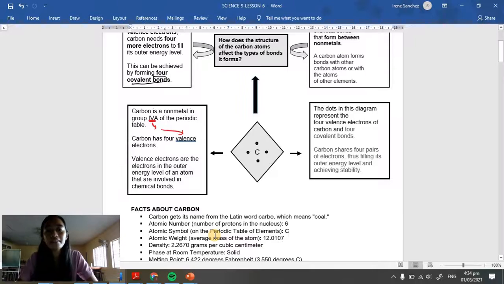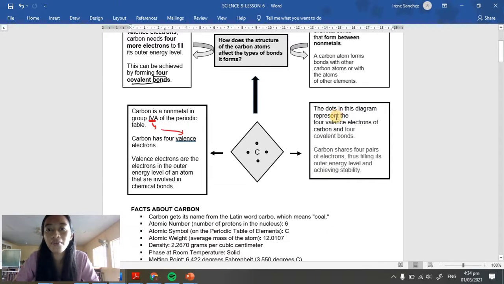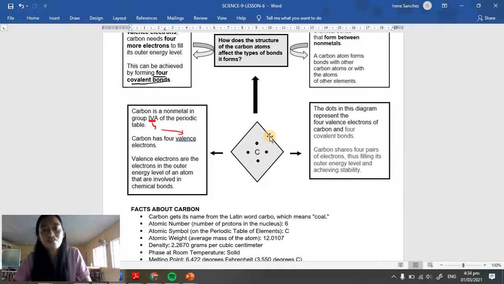Okay. Next, the dots in this diagram represent the 4 valence electrons of carbon and 4 covalent bonds. Carbon shares 4 pairs of electrons and thus fills its outer energy level and achieves stability. So here, let us try to illustrate this one.